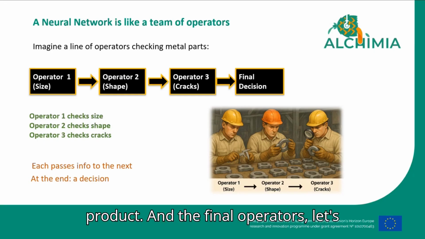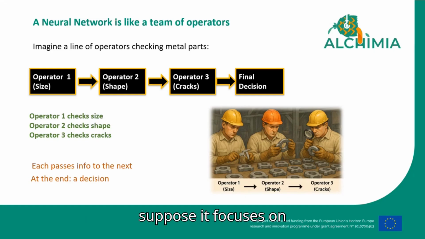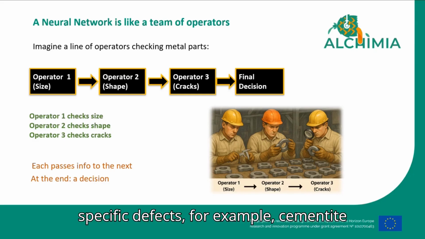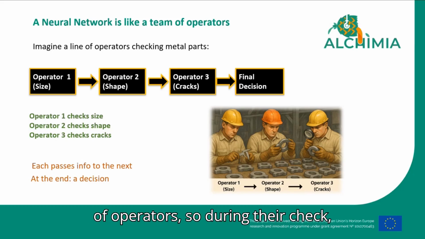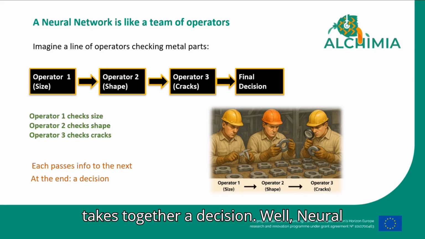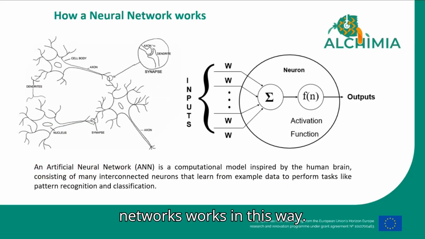And the final operator, let's suppose, focuses on checking if there are some specific defects, for example, cementite in a product, or some cracks in specific metallic parts, or problems in the color, different issues. And then at the end, this chain of operators, during their check, takes a decision together. Well, neural networks work in this way.